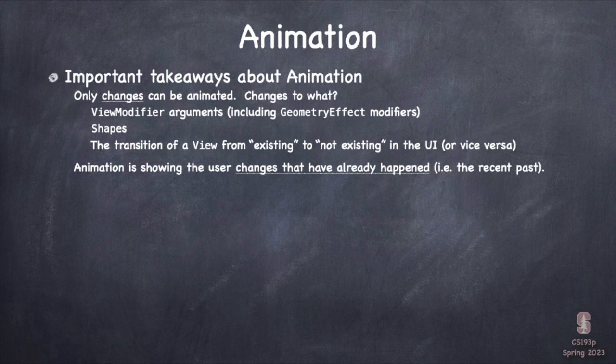But it's not. When you set the opacity to 1 from 0 and it fades in, when you set it to 1, it instantly changed to 1 in your entire view. It's just that the animation system showed it to the user over 5 seconds, right? So everything you see that's animating instantly happened, and it's just showing you over time.